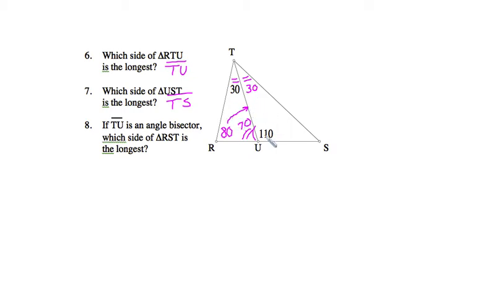So 30 degrees plus 110 degrees is 140, leaving me 40 degrees for angle S. So now I need to compare the angles R, T, which is actually a full 60 degrees, and S. So in triangle RST, 80 degrees is still the biggest angle, so I draw all the way across to side TS, and side TS is still the longest side in that triangle.